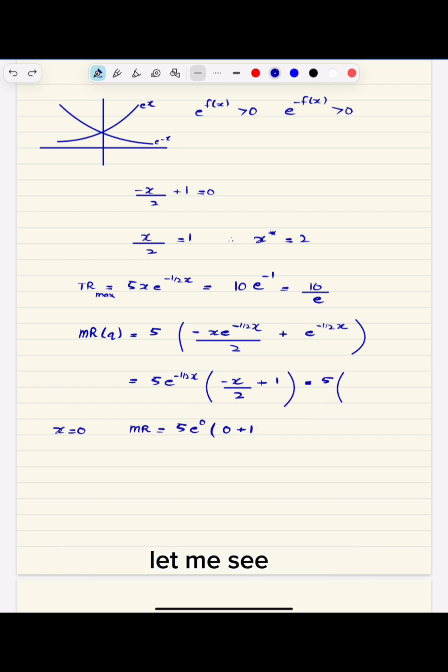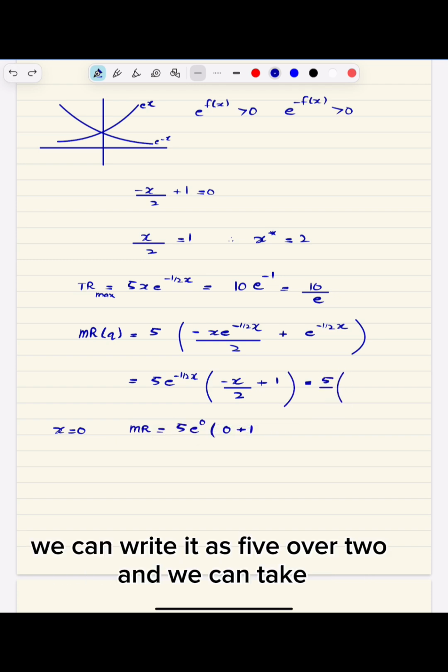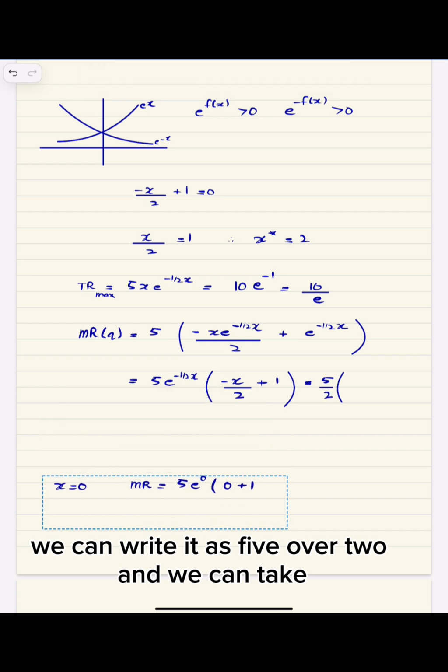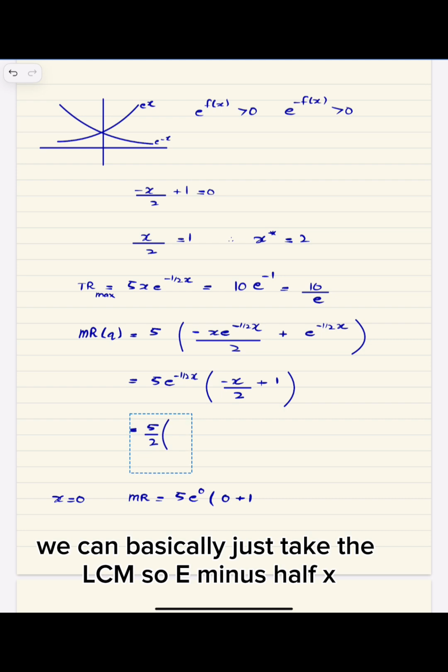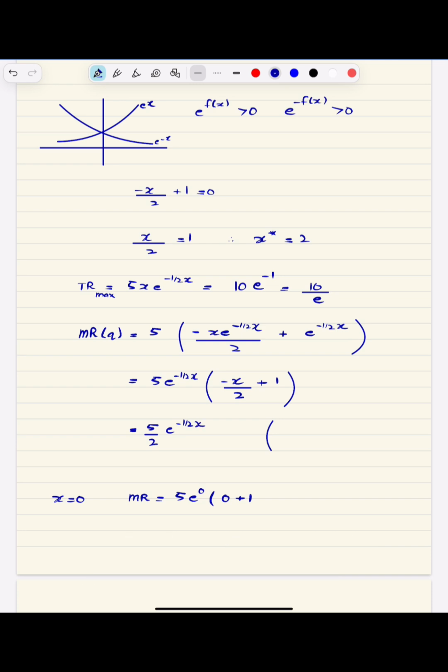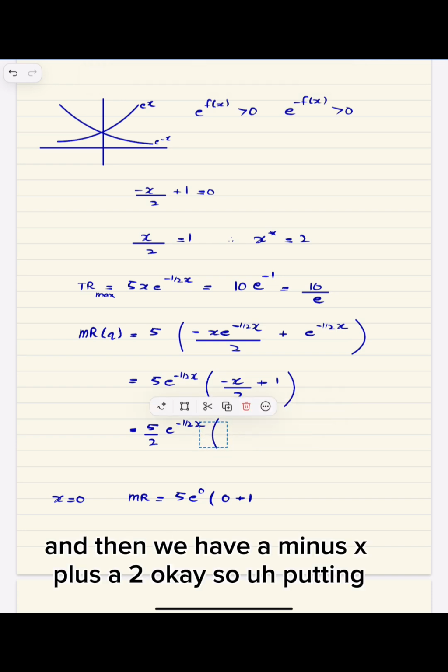Let me see. We can write it as 5 over 2, and we can just take the LCM. So e to the minus half x, and then we have minus x plus 2.